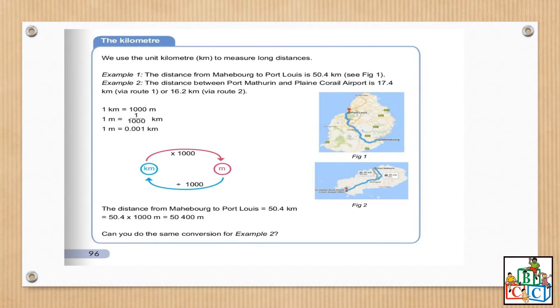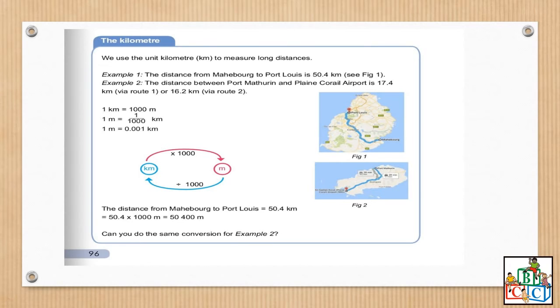The conversion is as follows. 1 kilometer is equal to 1000 meters. Then 1 meter is equal to 1 divided by 1000 kilometers. The answer is 0.001. This is your decimal.